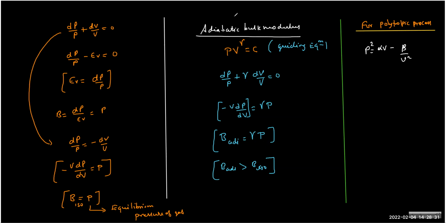So a process in which the molar heat capacity of a gas remains constant is called polytropic.